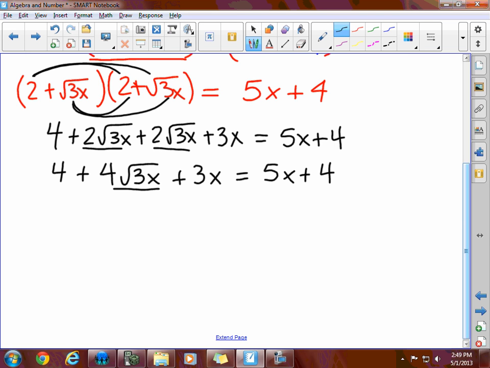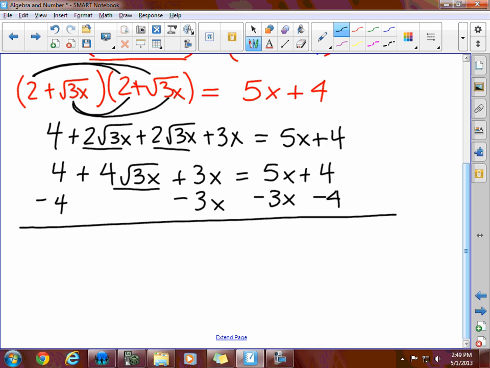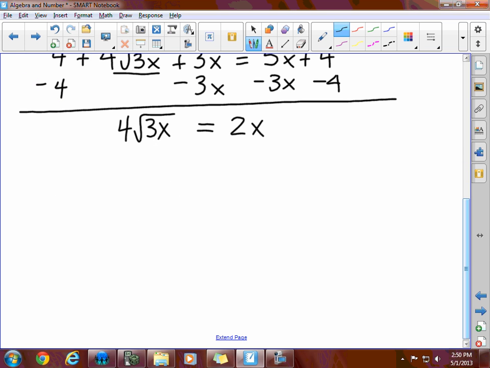I want to get everything away from the 4 root 3x. So to do it, I'm going to subtract 4 and subtract 3x from both sides. So I'll subtract a 3x from this 5x term and subtract a 4. What I'm left with on the left is 4 root 3x. And on the right-hand side, 5x minus 3x is 2x, and 4 minus 4 is 0, so that cancels out.